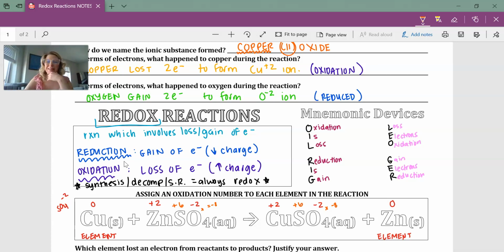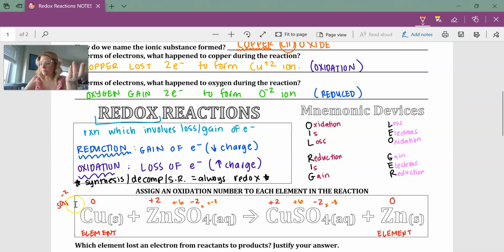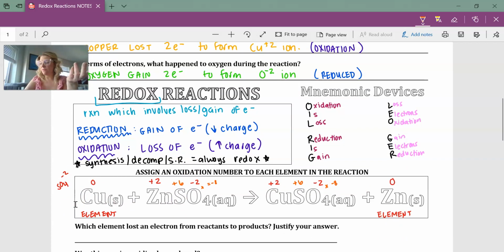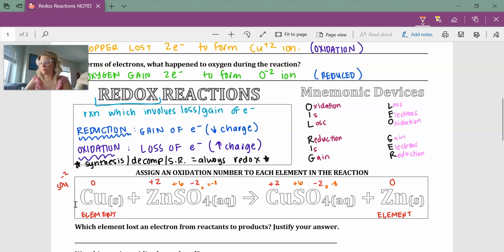So looking at this reaction, we need to determine which element from the reactants lost an electron from reactants to products. So again, loss of electrons is oxidation. Loss of electrons means that our charge is increasing. So looking at our reaction, we only have 2 species whose charge changes.